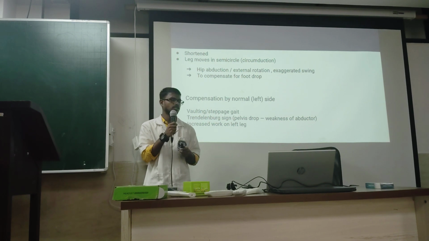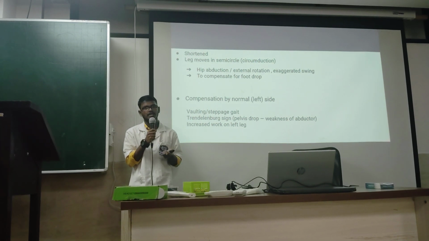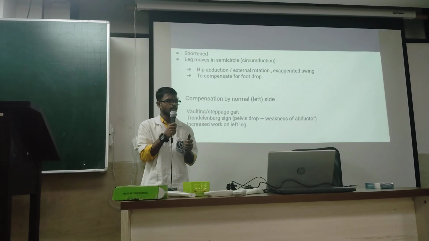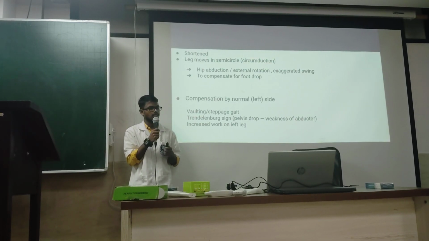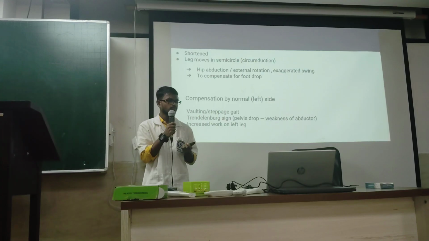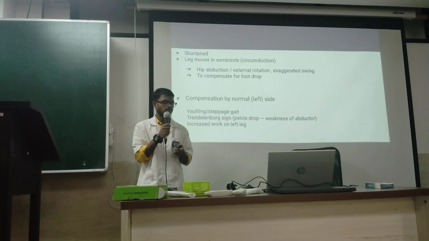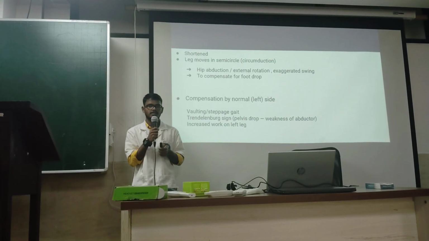This compensates for the foot drop, and the affected side is compensated by the normal side by performing vaulting, steppage gait, and Trendelenburg signs. This will increase the work on the normal side.